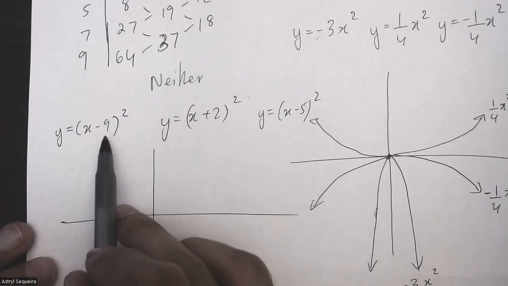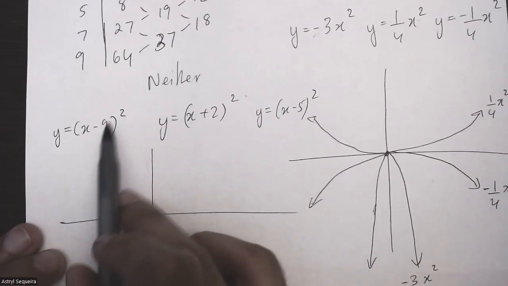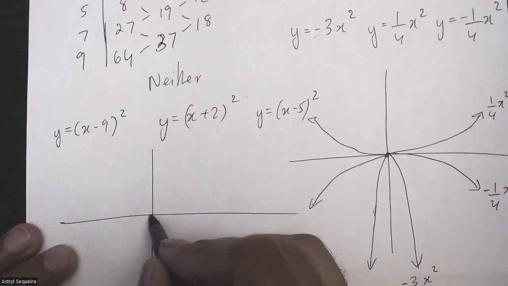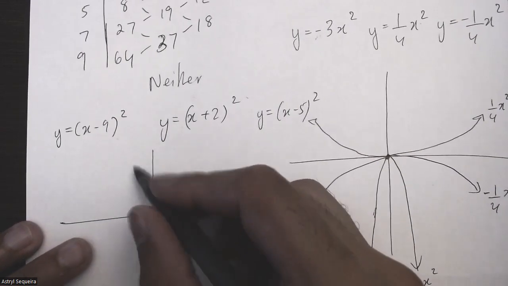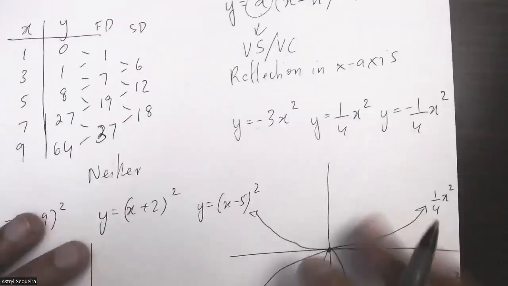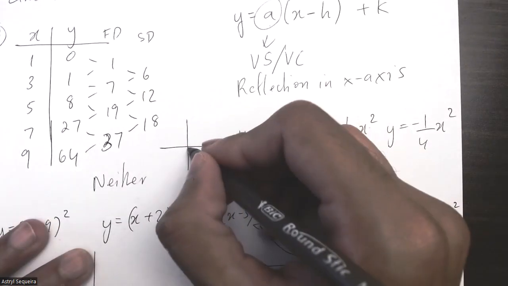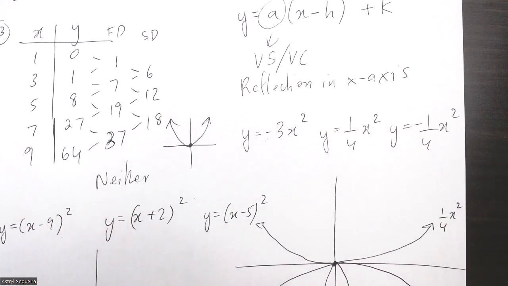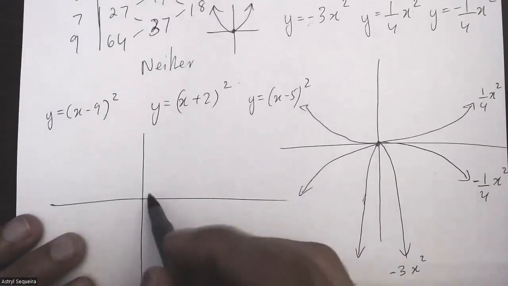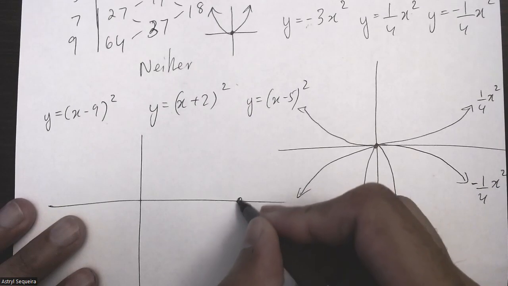So let's start with this first one here, (x minus 9) squared. Minus 9 means you shift the graph 9 units to the right. Remember, your original x squared graph is just like this, in case you didn't know, but you should know it, going to the origin. So I'm going to shift that 9 units to the right.